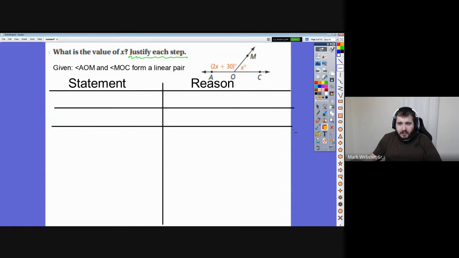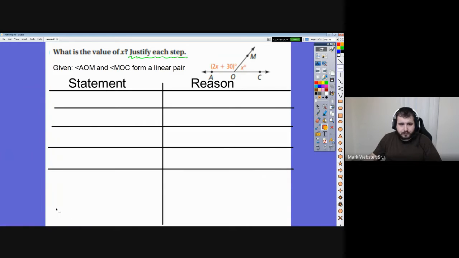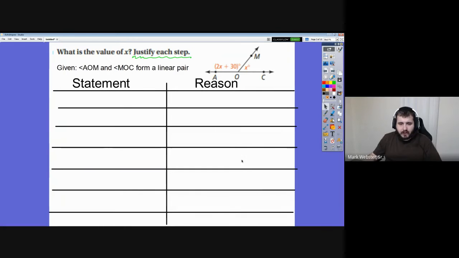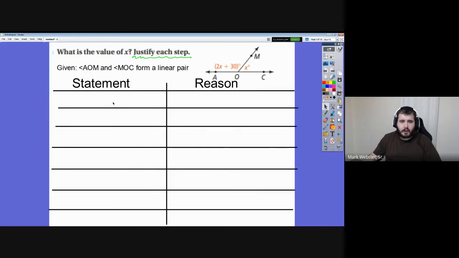Now, am I saying that that's the best way? No. I'm not saying that's necessarily the best way, but I am saying that it's a way that feels easier to me. And if you like this way, you never have to do it a different way. Like when you're writing stuff down for me, you never have to do it a different way. You can always do it this way.